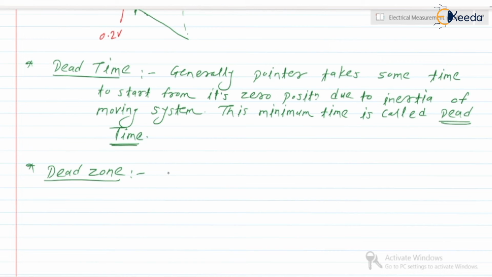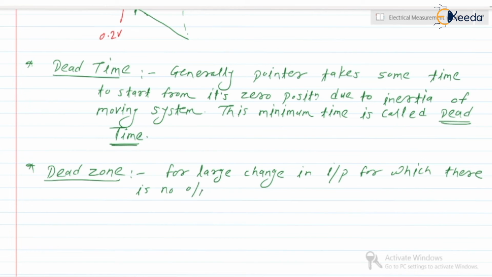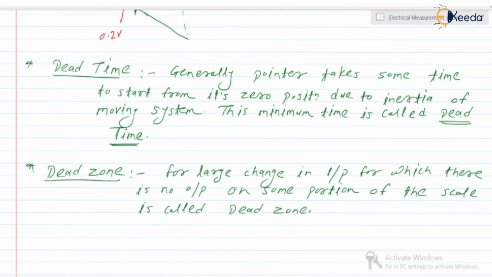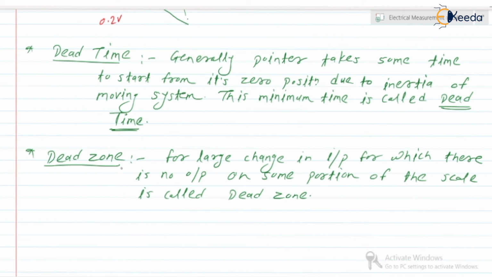Are you getting the point? Dead zone is related to some portion of the scale, whereas dead time is related to the response of the pointer. So this is the dead zone.